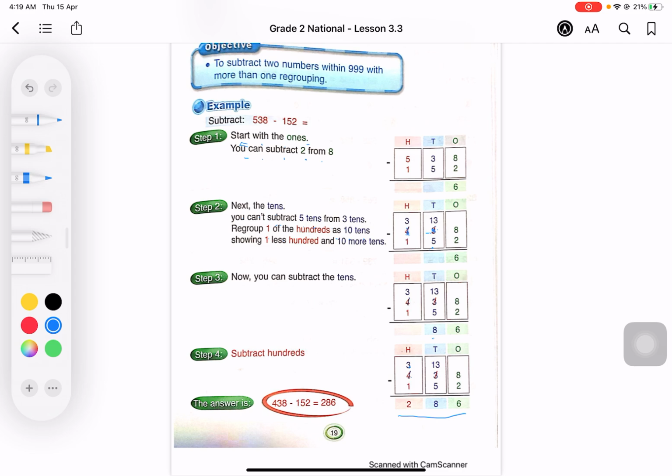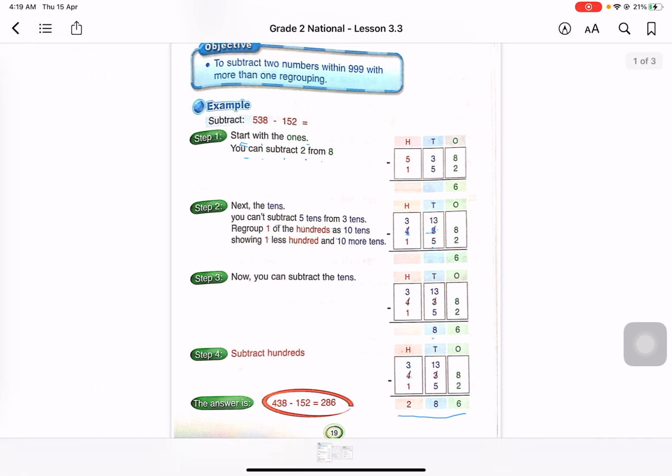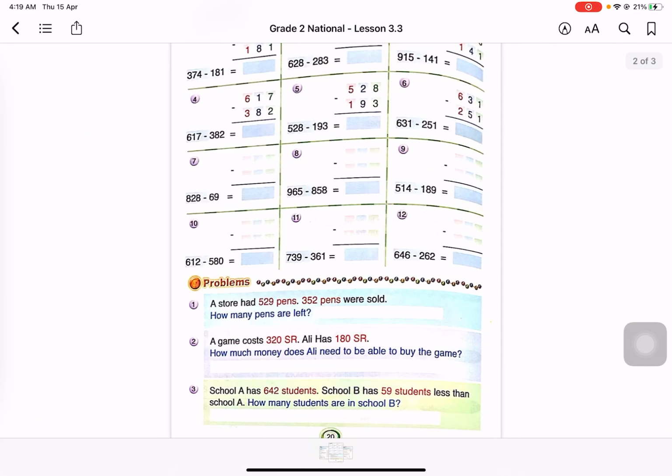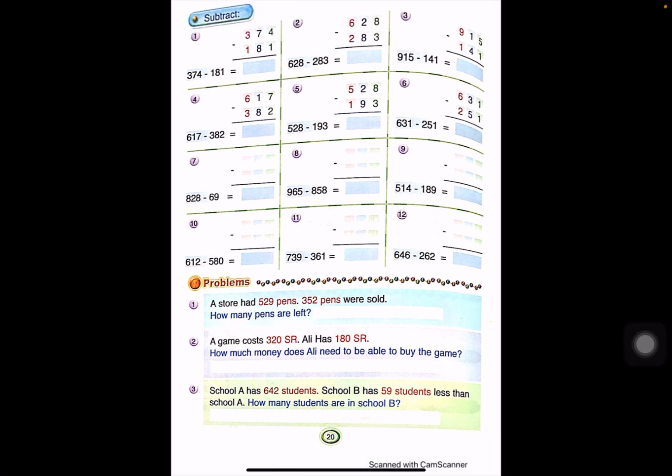Okay, now this is page 19. Let's go to page 20. In page 20, they gave us questions.